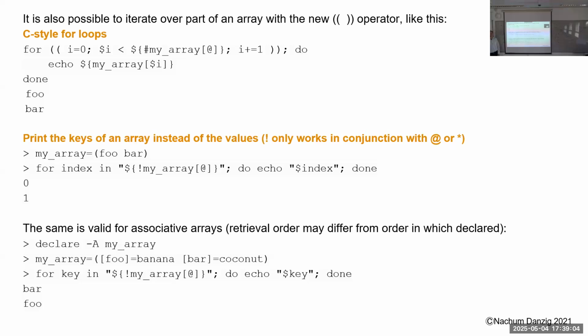Why do I get bar and foo? Notice that I got bar and foo and not foo and bar. Why? I shouldn't have gotten foo and bar since I created the array foo and bar? Well, the answer is that there's no guarantee about the order of associative arrays. Unlike regular arrays, which go sequentially 0, 1, 2, with associative arrays there's no guarantee about the order.